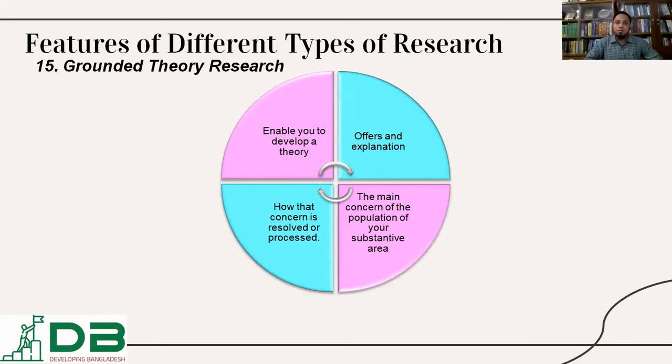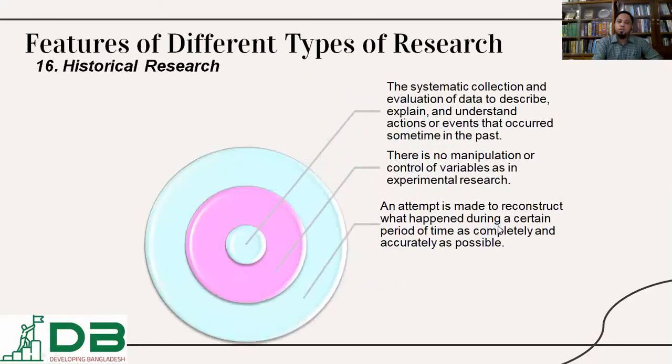It enables you to develop a theory, offers explanation of an existing theory, and also maintains the concern of the population of the subject area, and the concern is resolved in the process. Everything is covered and a new theory comes up, and this is grounded theory.